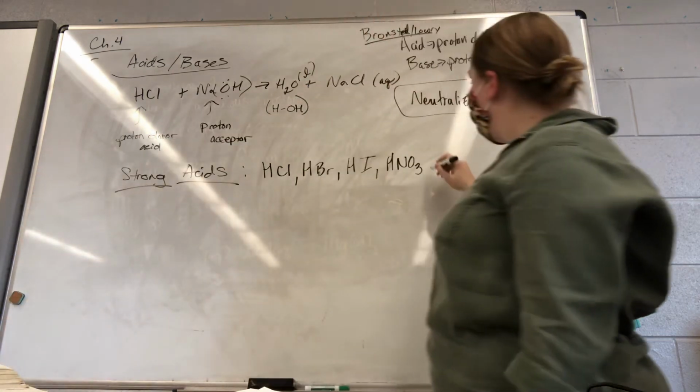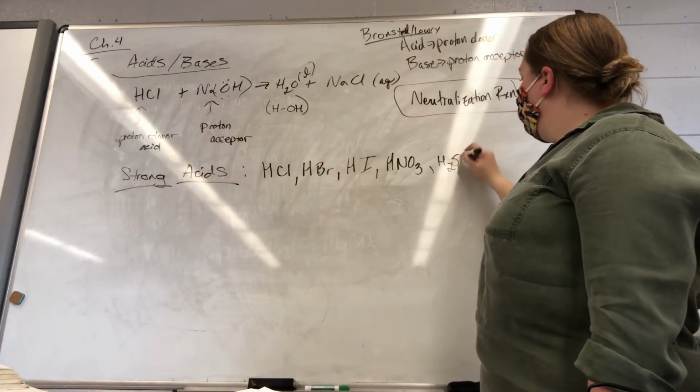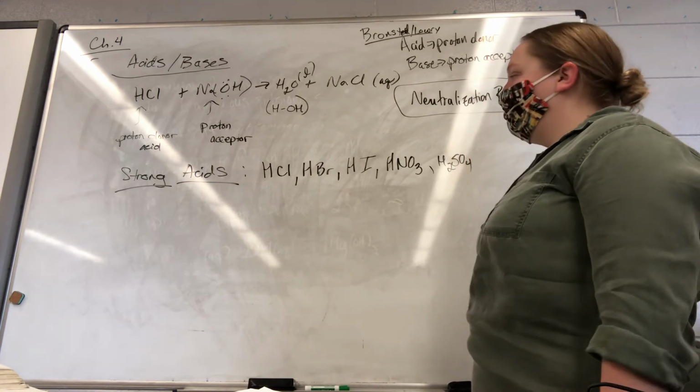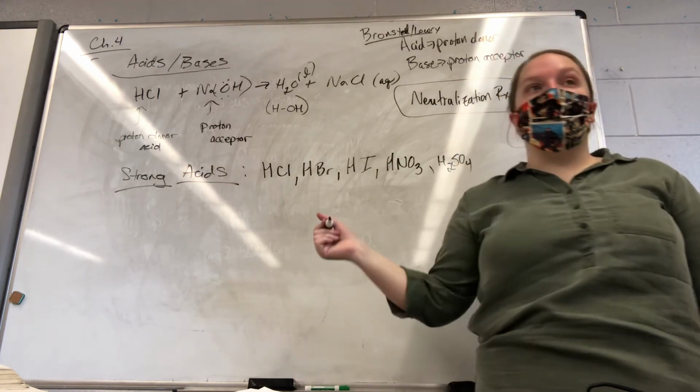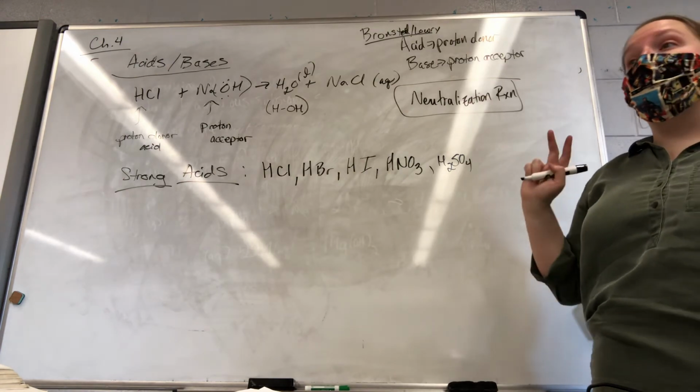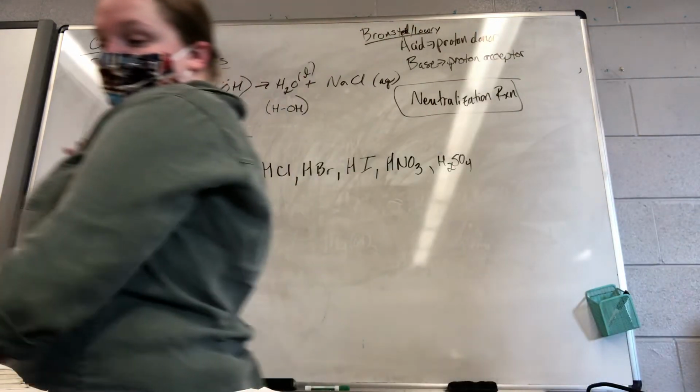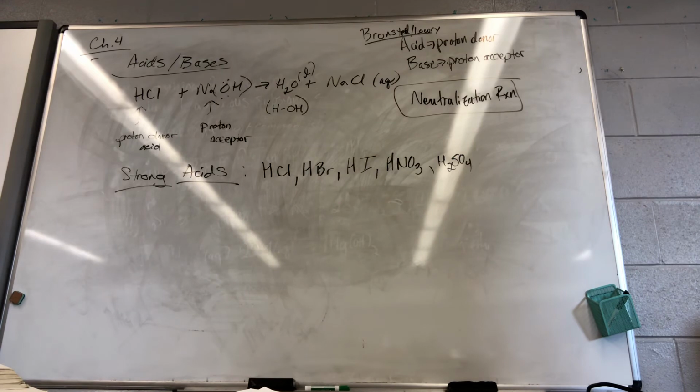Nitric acid and, of course, sulfuric acid. These guys are the strong acids. There are two more. They're the chlorate, perchloric, and chloric acids. Very rarely do we use them in our situation.